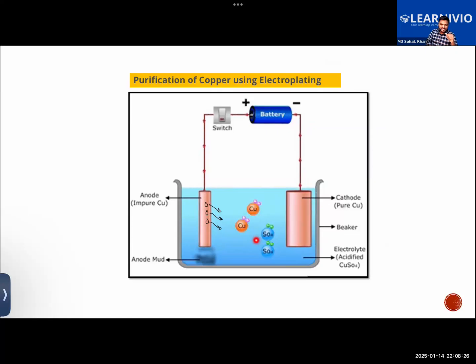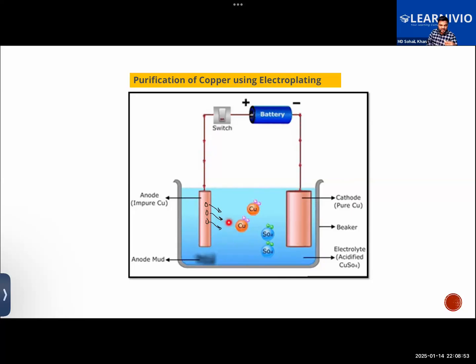Now, as the process has started, the electrolyte has broken down into copper and sulfate ions. Also, you see that this impure copper metal here is getting thinner. So what is happening? The copper is getting detached from it. Copper is breaking away from this, and copper will be positive now. Metals are always positive, so metal ions are always positive.